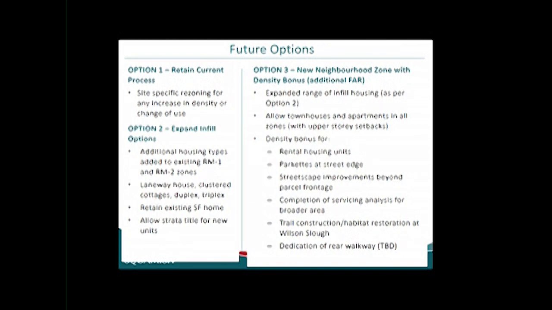It's just that option 3 takes it a step further, lays out the things we're looking for in a density bonus structure, so that the upper limit to density is established. The developers don't have to go through individual rezonings. That's probably the biggest pro for option 3, that it's a bit more proactive and takes people out of the rezoning application.